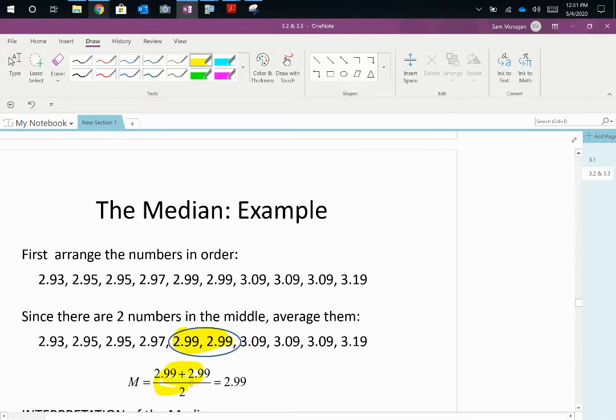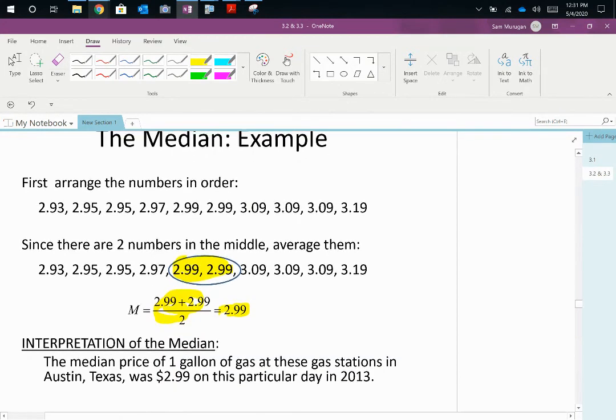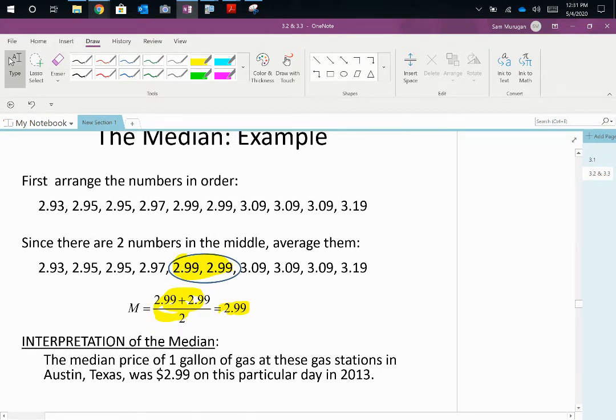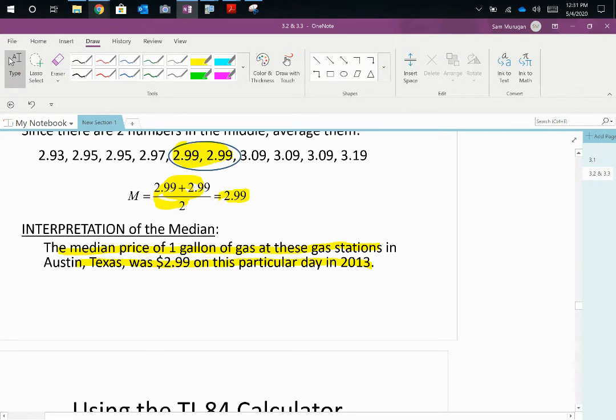So we take the average of that and we get 2.99. The median price of one gallon of gas at these stations in Austin was 2.99 on the particular day. Now, recall that the mean was actually 3.02, which is slightly different from the median, which is 2.99.